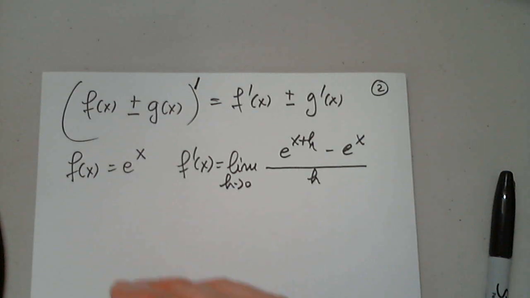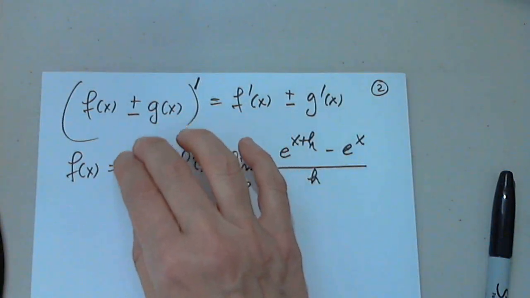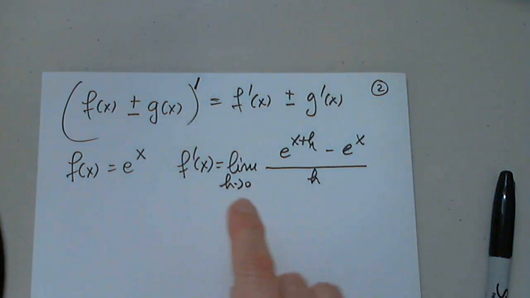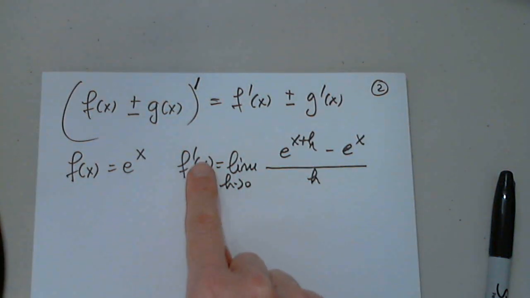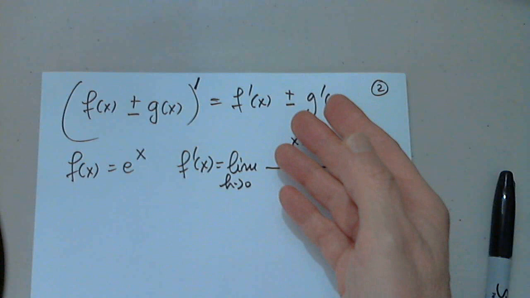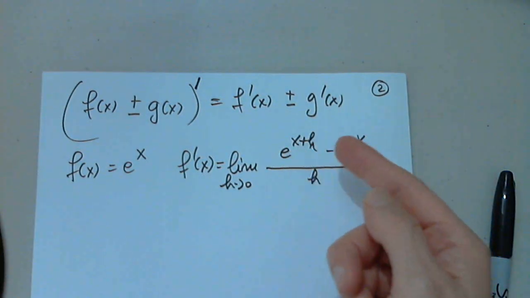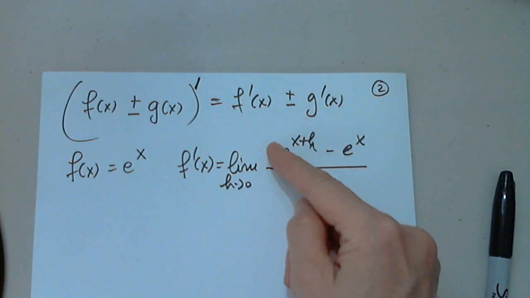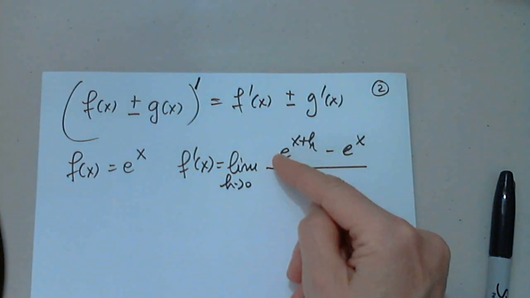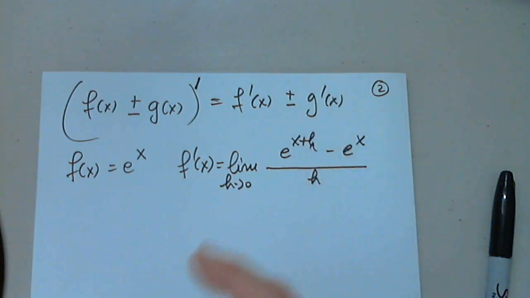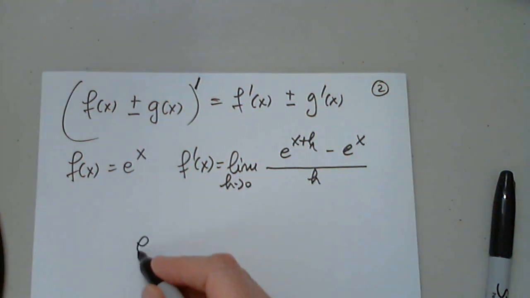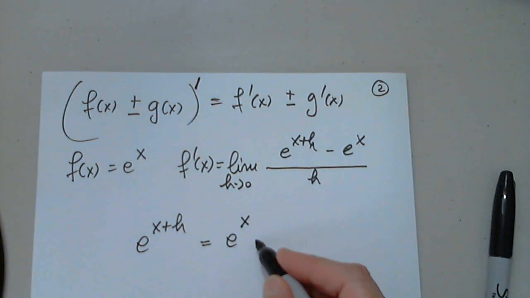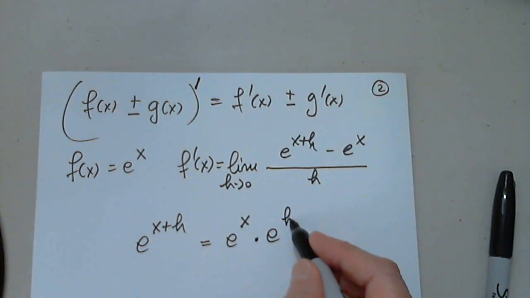Awesome, perfect. So we want to determine the derivative. We want to see how we find the derivative of e to the x. So we are in search of e to the x prime. So that's why I put f of x plus h minus f of x divided by h. I want to talk about this power or exponential notation. So remember, e to x plus h is the same as e to x multiplied by e to h.